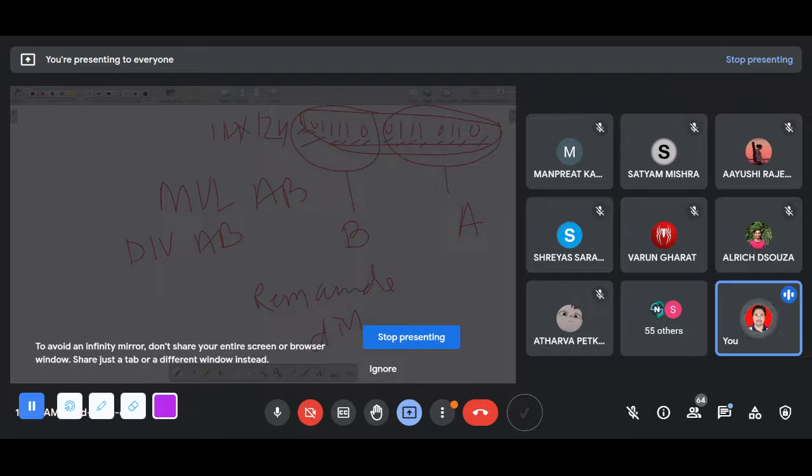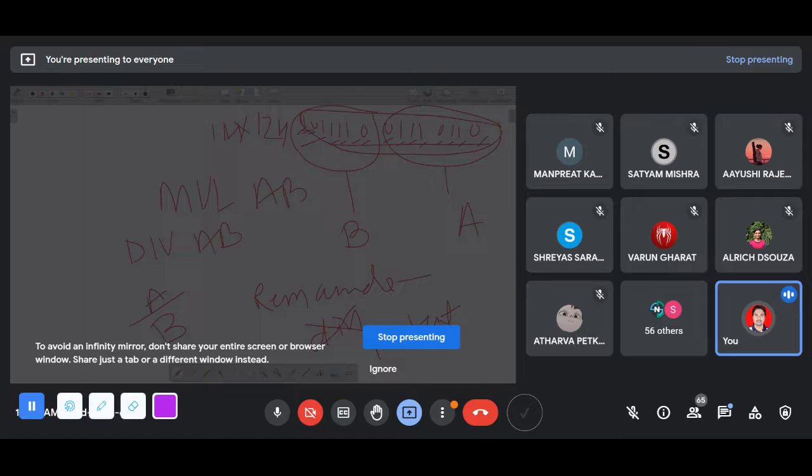Now whenever you do the division operation, whenever you do the division of a by b, the result is stored in the form of remainder and quotient.